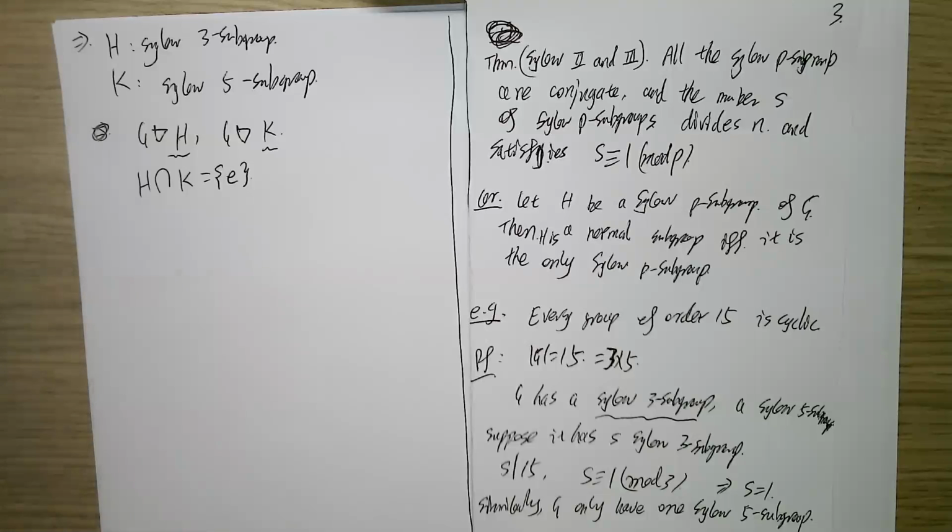Because if some element other than the identity is in the intersection of H and K, that means that when we take the conjugate of this element, it is also in H and also in K.